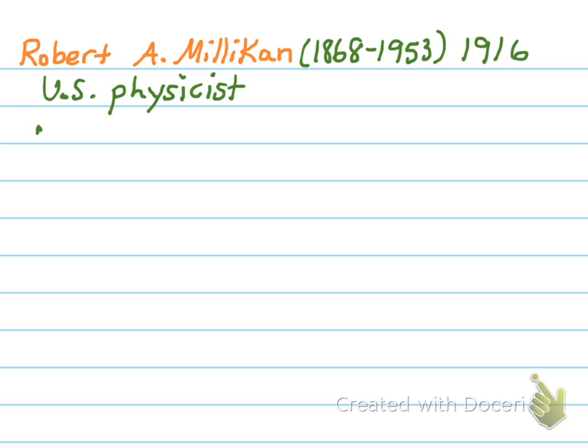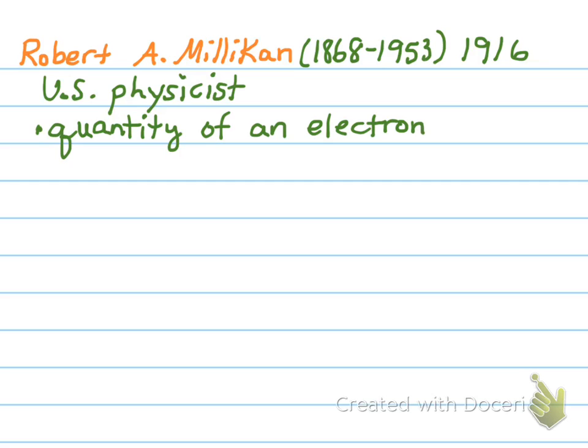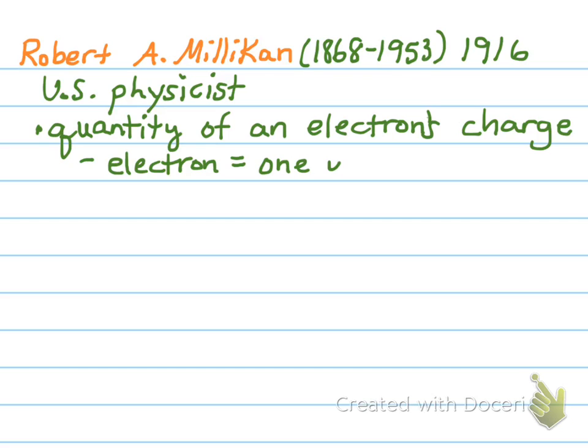So Millikan was trying to figure out the quantity or size of an electron's charge. And he figured out that an electron is equal to 1 unit of negative charge.